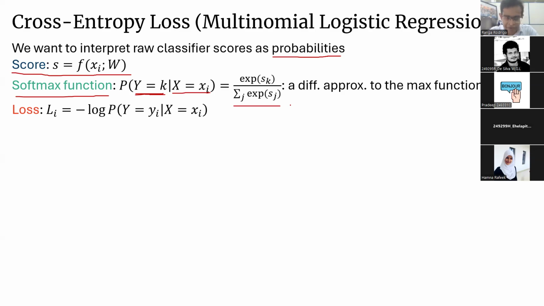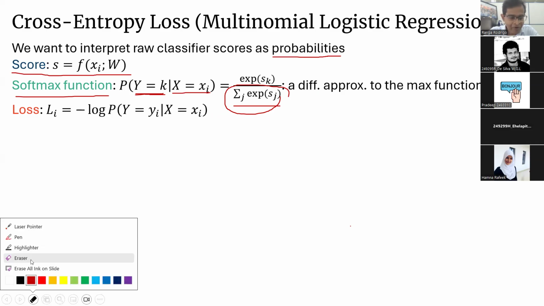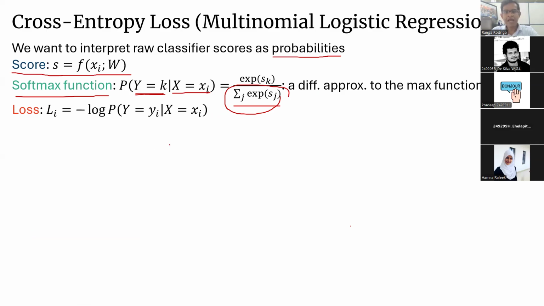Now, when you take a number and raise e to that power, it's a positive number. Then you take all of them, sum, and divide by that, so you normalize. So in this case we have done the two things I said are important, making them positive and normalizing. This is also a differentiable approximation of the max function, so when we want to find the derivative or the gradient of that, it is possible to compute. So that's the softmax function.